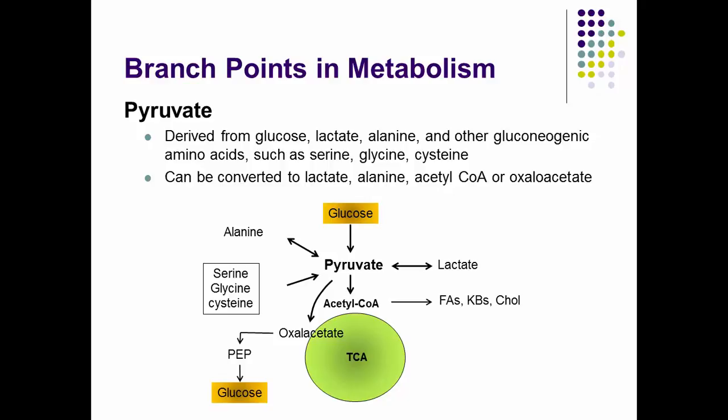And pyruvate connects to the TCA cycle by converting to acetyl-CoA, right? Remember, this is pyruvate dehydrogenase in the mitochondria. So acetyl-CoA enters the TCA cycle, right? And acetyl-CoA can also be used for synthesis of fatty acids, ketone bodies, and cholesterol. And pyruvate can also directly convert to oxaloacetate for making glucose in the gluconeogenic pathway.